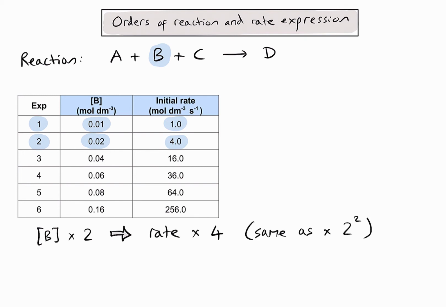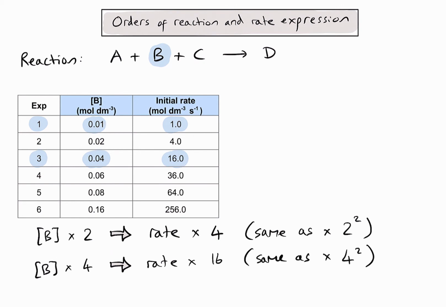Let's perhaps compare experiments 1 and 3. In this case, my concentration of B has gone up by a factor of 4, and my rate has gone up by a factor of 16. Again, you might notice that the rate has increased by the factor squared by which the concentration of B has changed.